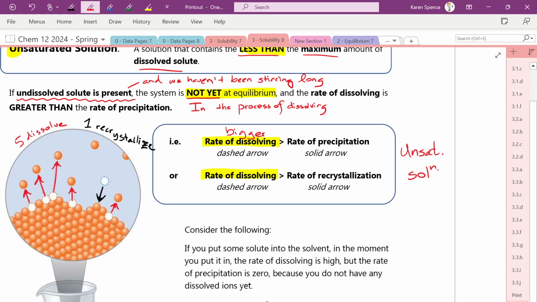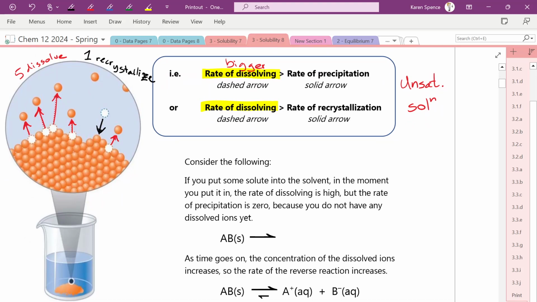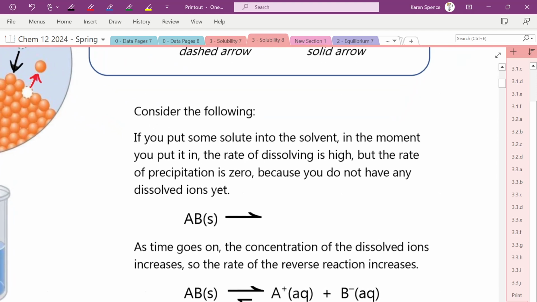We can also look at this from a reaction, like sort of using reaction arrows. So if we put some solute into the solvent, the moment you put it in, the rate of dissolving is very high. But the moment we put it in, the rate of recrystallization is 0 because we don't have any dissolved ions yet, correct?